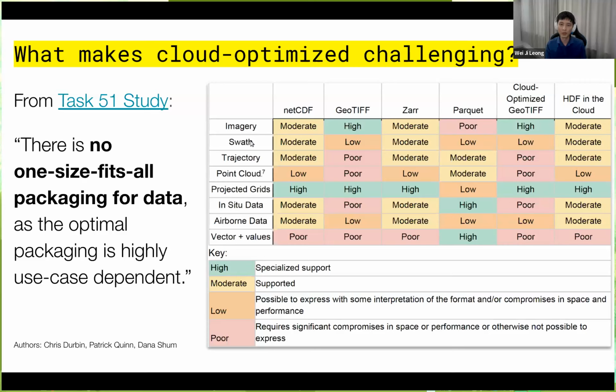And for the rows, there are different types of data, such as imagery, swath, trajectory, point clouds, etc. Depending on the type of data you want to store, certain file formats might be more suitable or less suitable. For example, if you want to store point clouds, you might want to store them as Parquet rather than a GeoTIFF, which is not really ideal for storing point clouds. So we'll get into some of that.